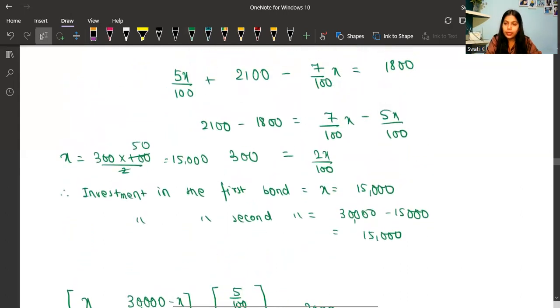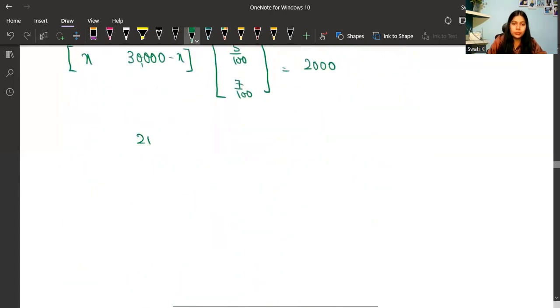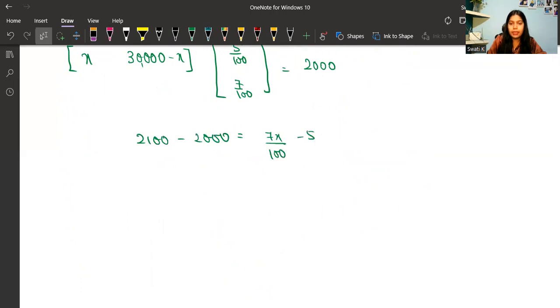So that was 2100 minus 2000 this time, and this was 7x upon 100 minus 5x upon 100, right? So this is clearly 100, and this is 2x upon 100.